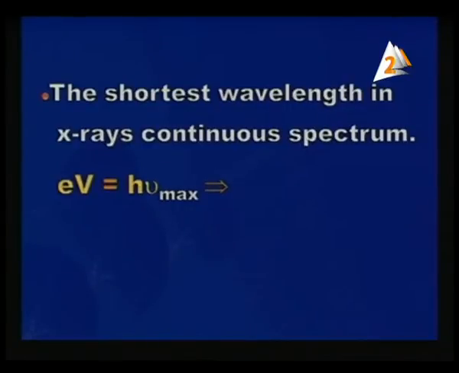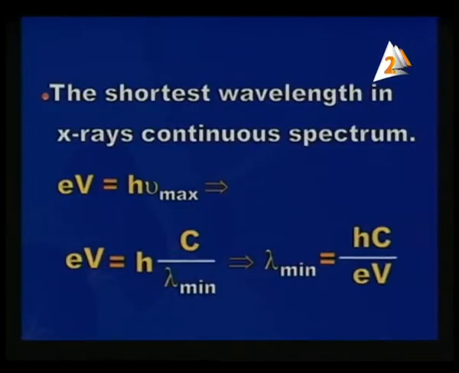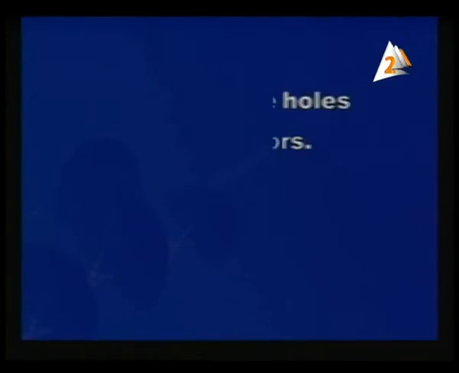Then this electron is stopped by one collision. So all of its energy is converted into a photon having energy h nu maximum. We can say it is equal to h, and instead of nu maximum, it is c over lambda minimum. So lambda minimum equals hc over eV.